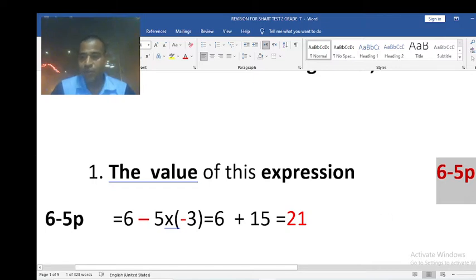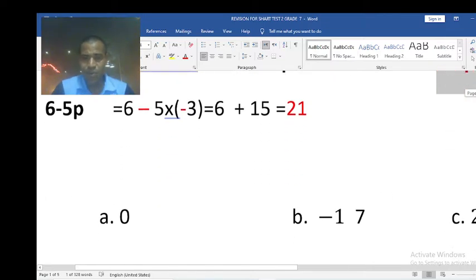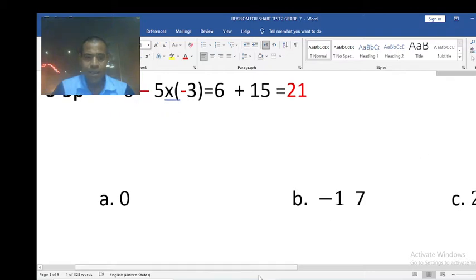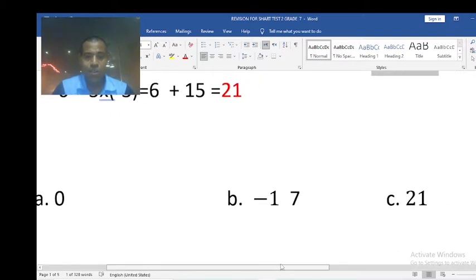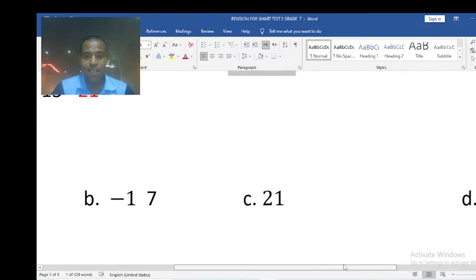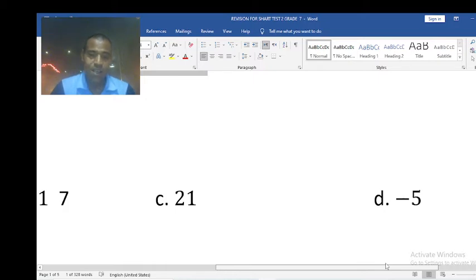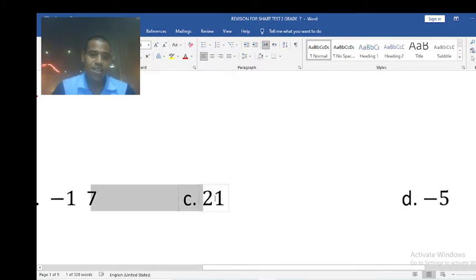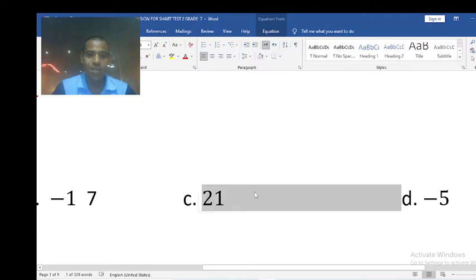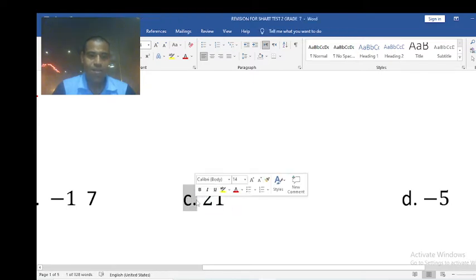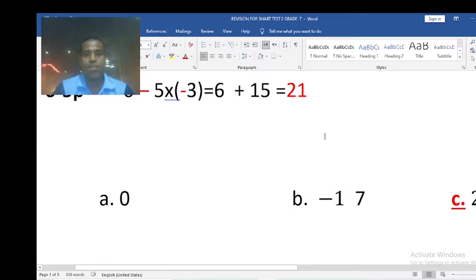Here we have a: 0, b: negative 17, c: 21, or d: negative 5. After calculating and checking your answer, the correct answer is 21. Clear? I cannot color this, I don't know why. No problem. This is the correct answer. So C is the correct answer for this question.